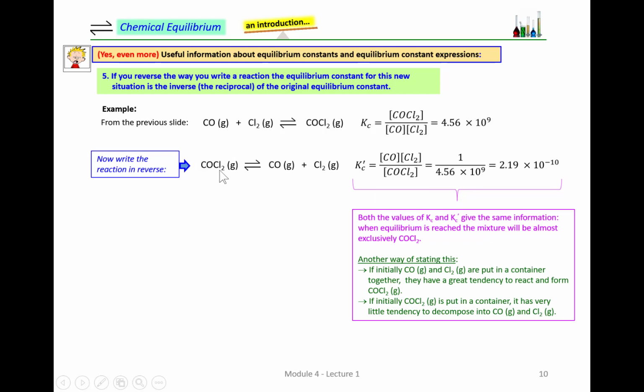Another way of stating this is, if we initially have CO and Cl2 in a container, they have a great tendency to react and form CoCl2. If initially you put CoCl2 in a container, it has very little tendency to decompose into CO and Cl2. So the magnitude of the equilibrium constants, and of course the way we're writing the reaction, gives us a lot of information about the chemistry going on here.